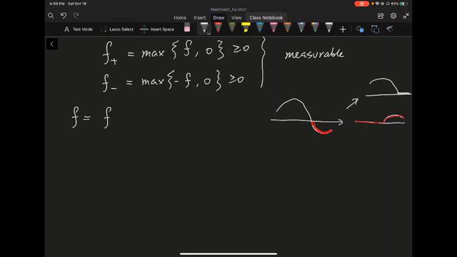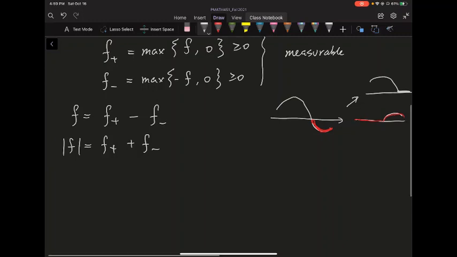First of all, the function f is just the difference between these two non-negative functions, so f equals f plus minus f minus. Moreover, the absolute value of f is essentially taking either f, or when f is negative, you take the negative of f. So it's essentially the sum of these two non-negative functions, okay?